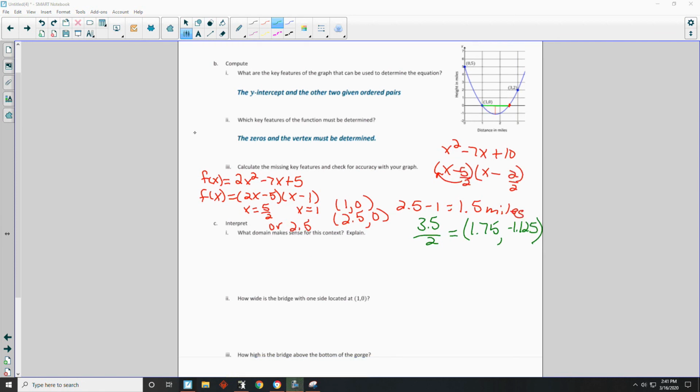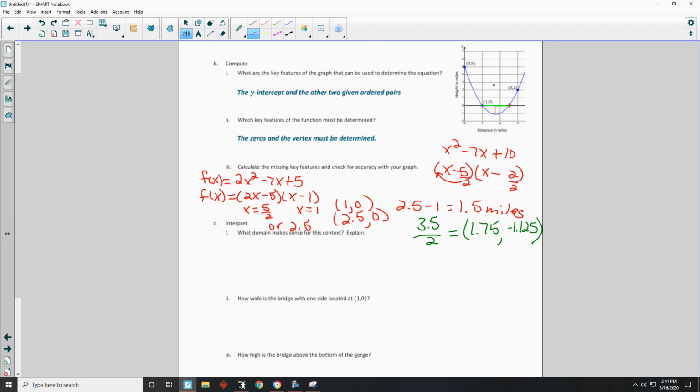Okay, it says, what domain makes sense for this context? Explain. So your domain is your x's, okay? And we have one domain here. This goes to 0, comma 5. So this is 5 miles above the ground, above 0. And this one is cut off, so we don't know.